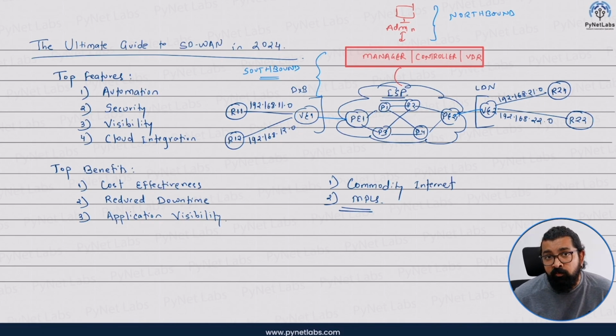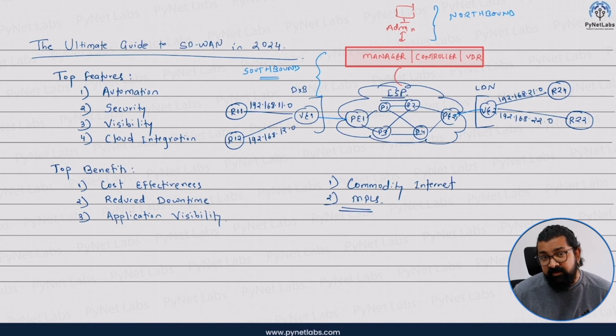Do you want to take care of the capital expense and the operational expense that you need to maintain your controller side or your WAN edge sides, or do you want to rely on the cloud service providers so that they can take care of the availability of your site or of your controllers, right? So you also have the cloud integration option available, and these 4 features play a very vital role in transitioning how your WAN infrastructure is managed nowadays.